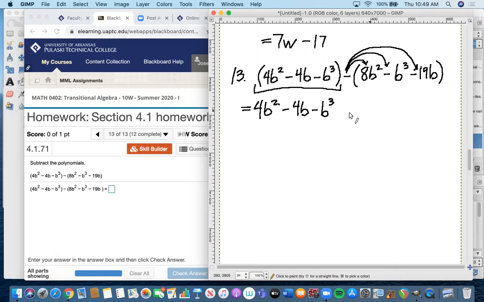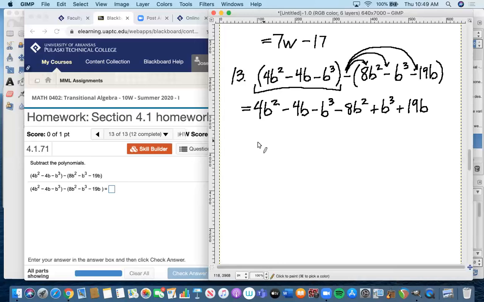Now I distribute the negative: minus 8b squared, because 8b squared was positive. Minus b to the third is plus b to the third, and minus 19b is plus 19b. So you just change the sign of everything.